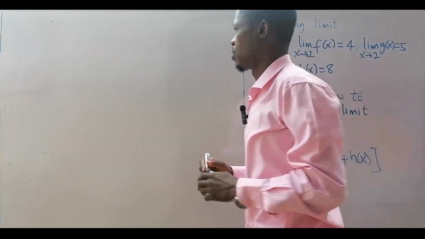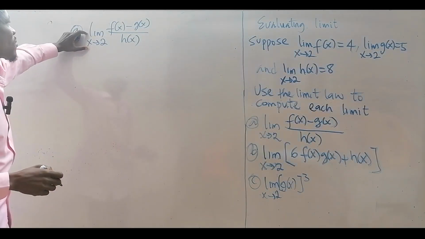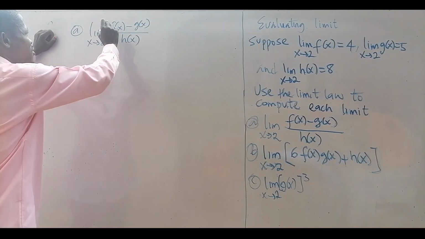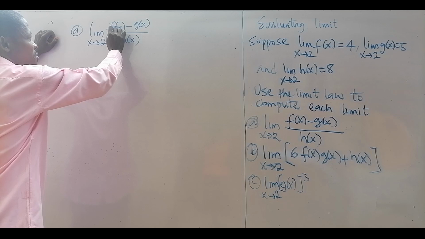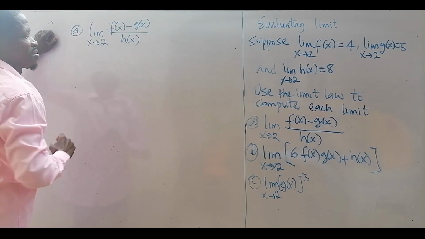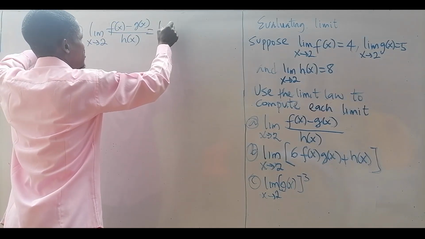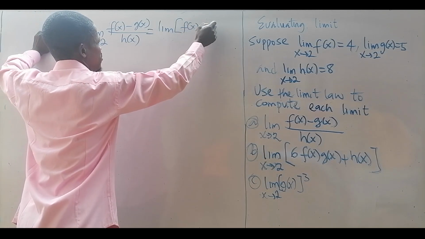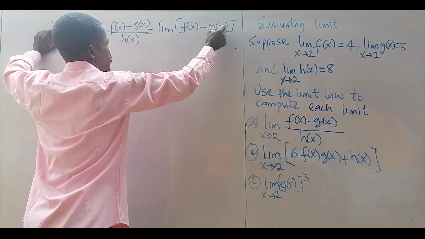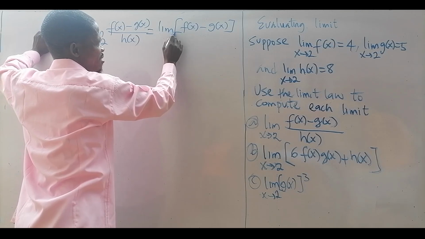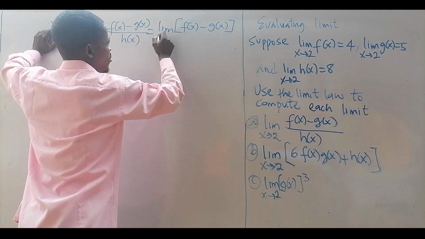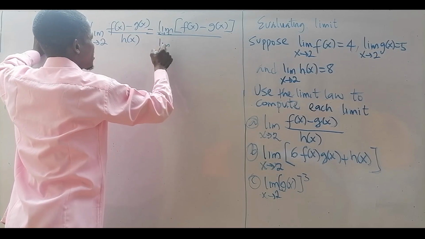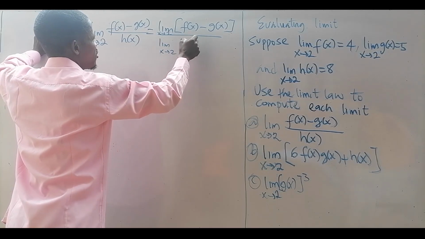Okay, the first one, we have a limit of a quotient function, and the numerator is a difference of functions, f of x minus g of x. This is going to be the limit of f of x minus g of x, and you have to open your bracket here and close it here, over the limit as x tends to 2 of h of x.